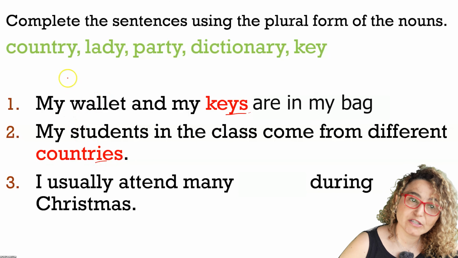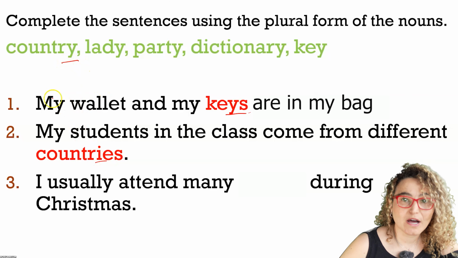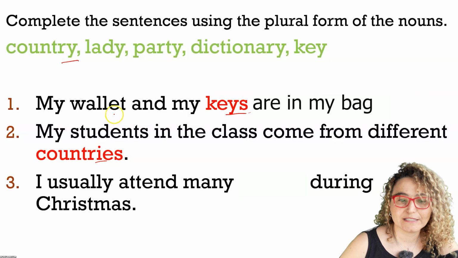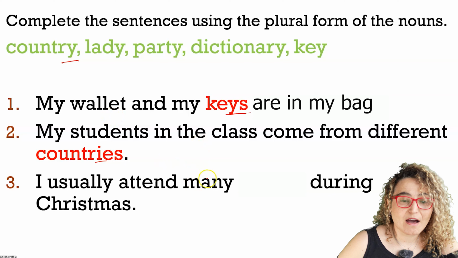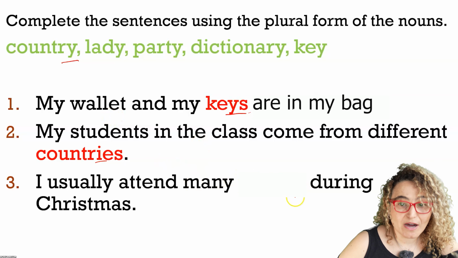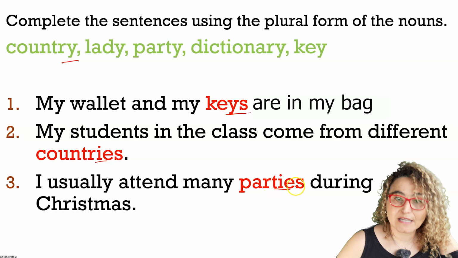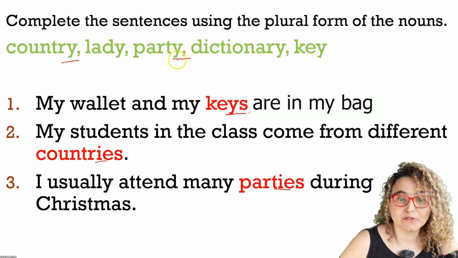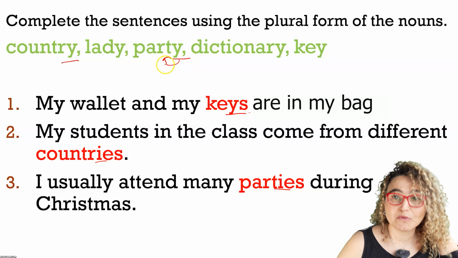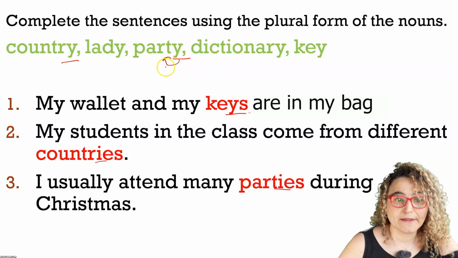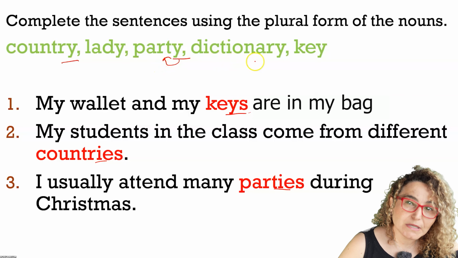Remember, we change the Y to I because before the Y there is a consonant. I usually attend many parties during Christmas. Same thing, party, because there's a consonant before the Y, we change it to I. What do you guys think about dictionary?